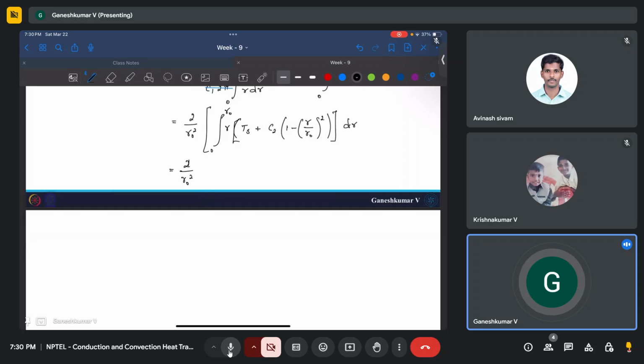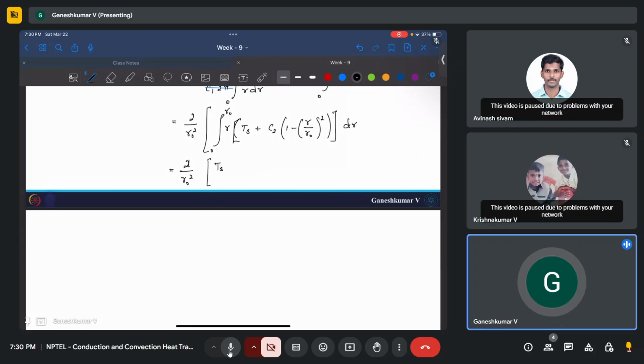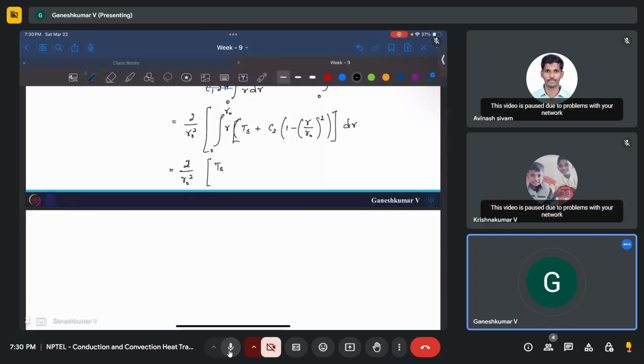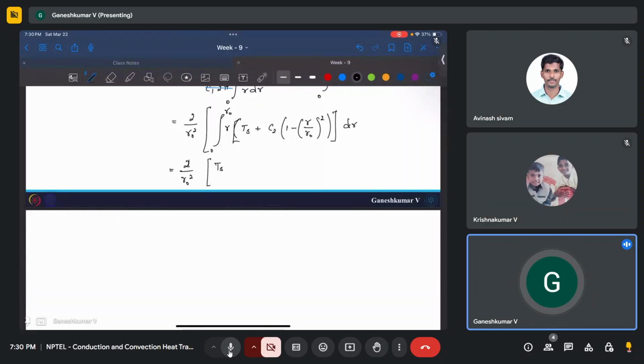R naught square. So the first term would simply become Ts. Ts is constant, so you can take it out, and R into dr. R dr is nothing but R square by 2, and if you substitute the limits, it becomes R naught square by 2. The other side is 0.